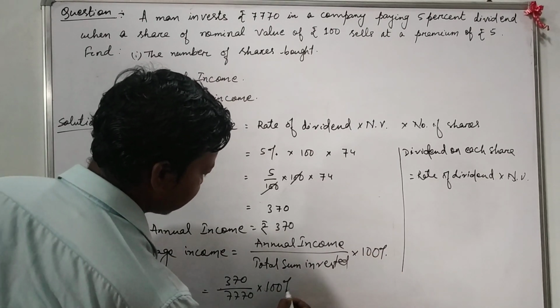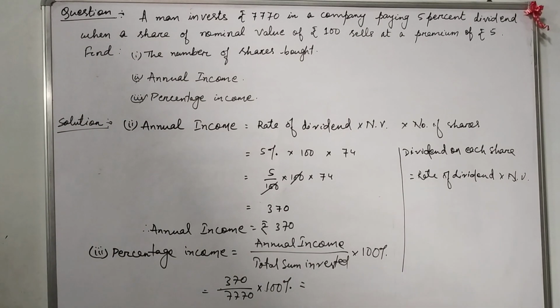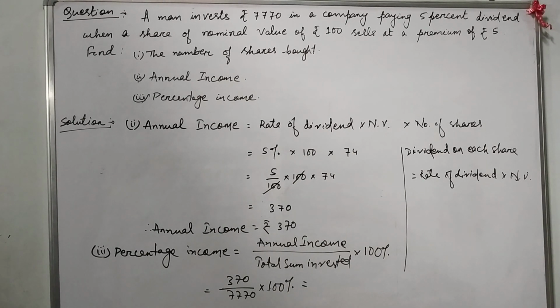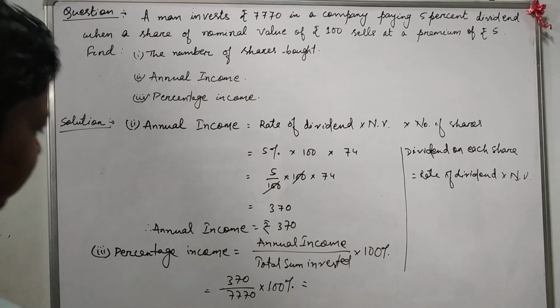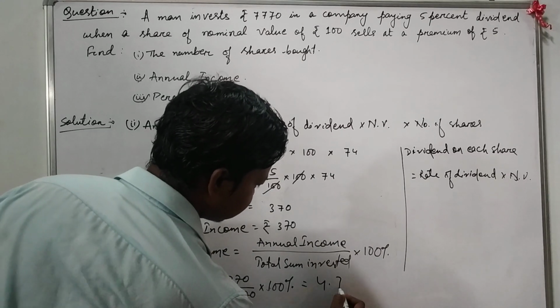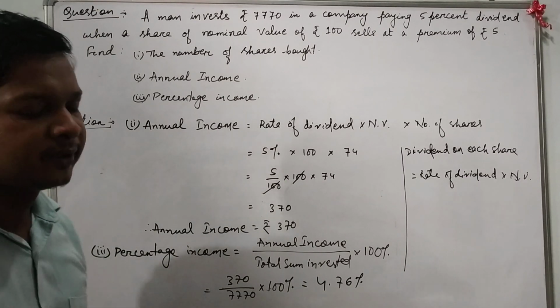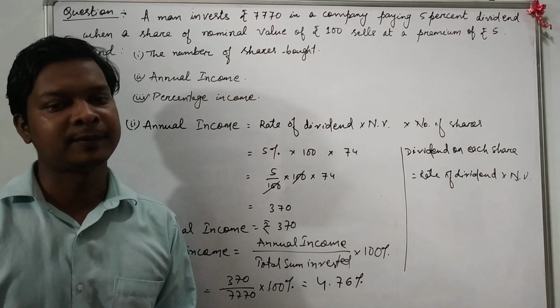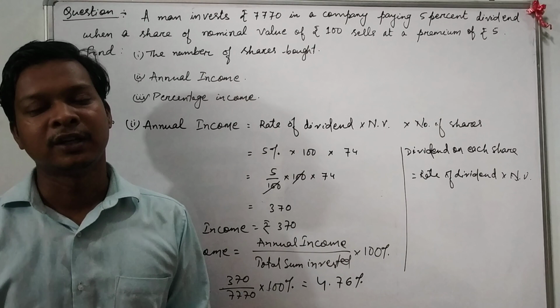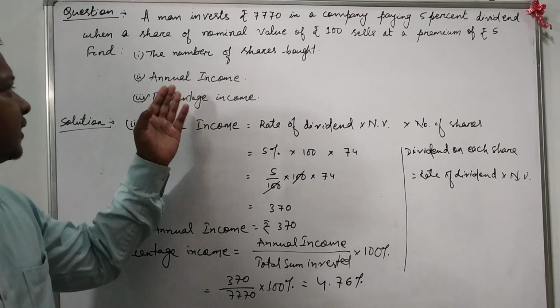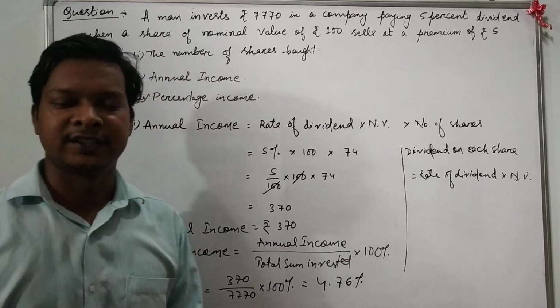Why 100%? Because we have to find the percentage income. Whenever we are required to find the percentage income, we have to multiply it by 100%. After calculation, we will get 4.76%. So this is the process by which we can use the four formulas I have given to find out the number of shares, annual income and percentage income.